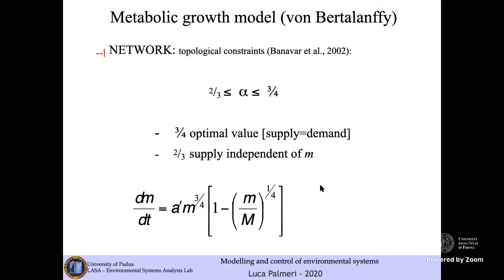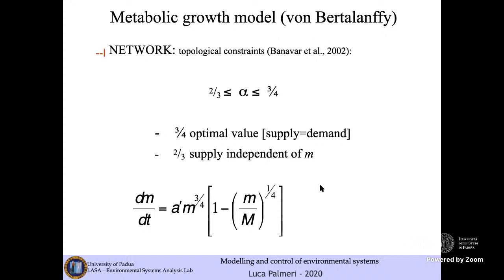So these are networks describing the fact that water bodies tend to distribute or to occupy the topological space with some kind of topological constraints.